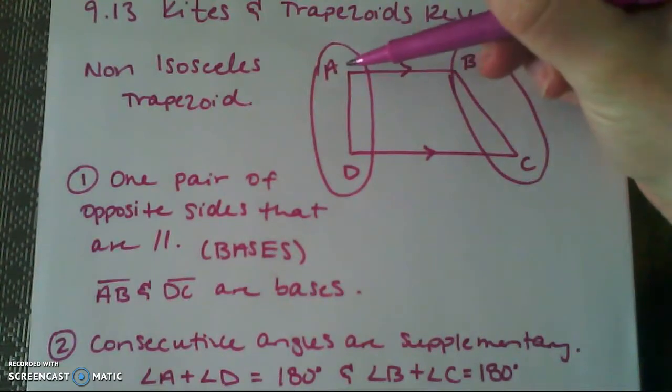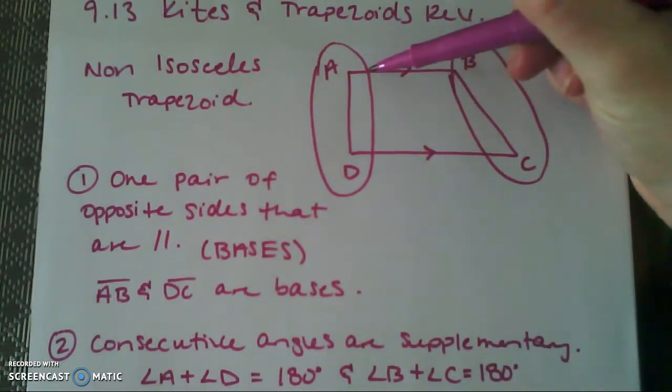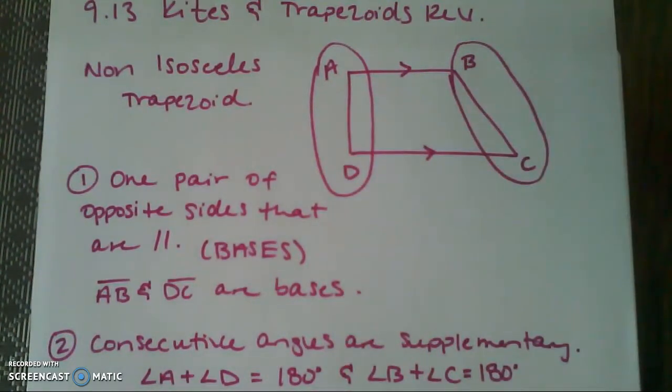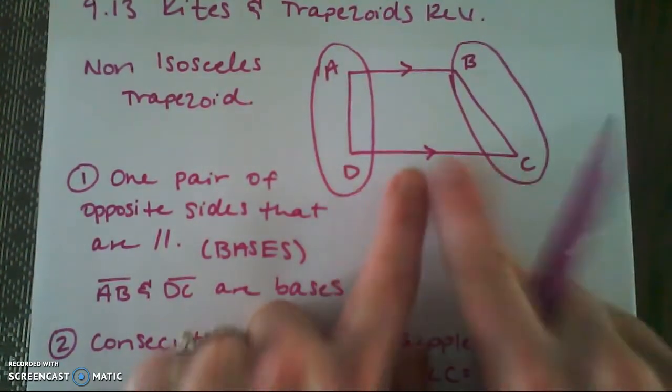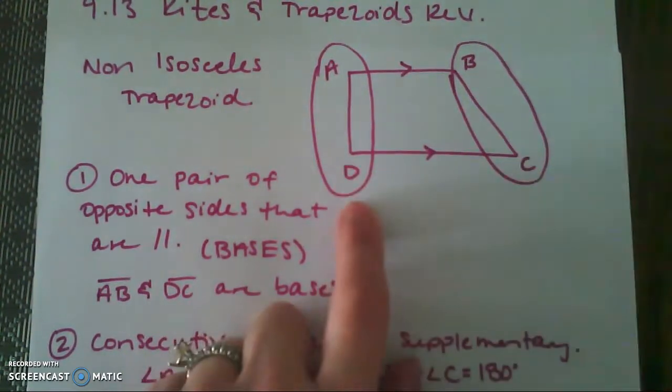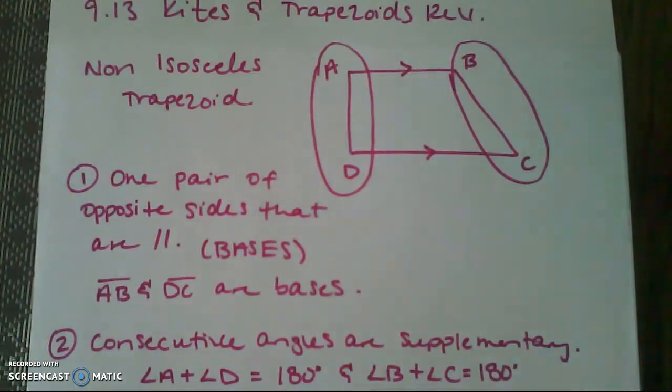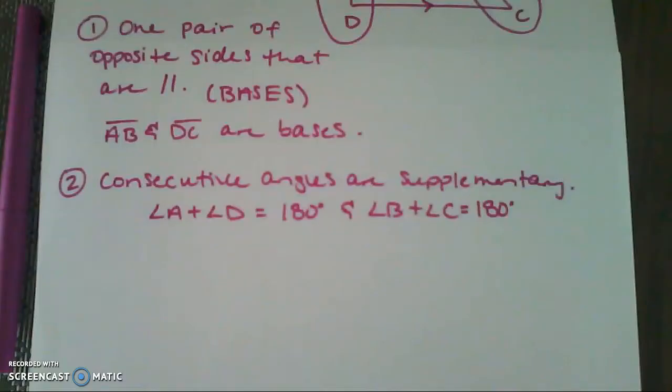So angle A is an angle from this base up here. If you add it to angle D, which is from this base down here, then those are going to add to equal 180 degrees. So it does not work for the angles along the same base. It has to be an angle from each base. Those ones are going to be the supplementary angles in the non-isosceles trapezoid. So the non-isosceles trapezoid only has two properties.